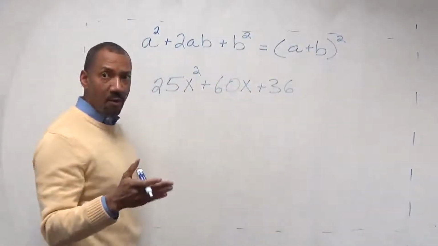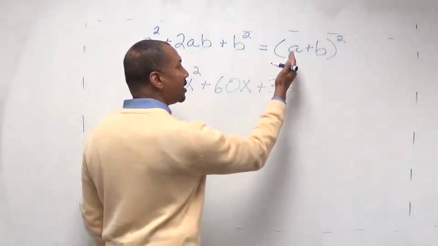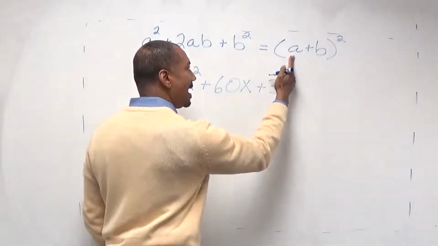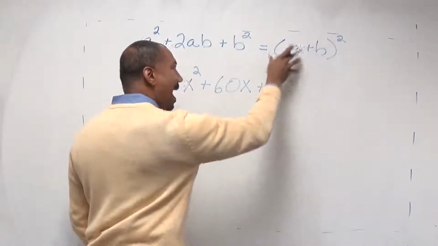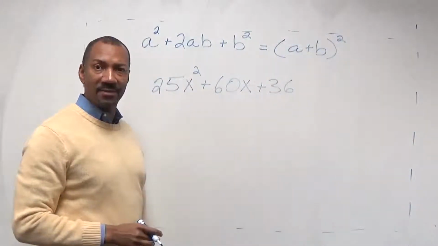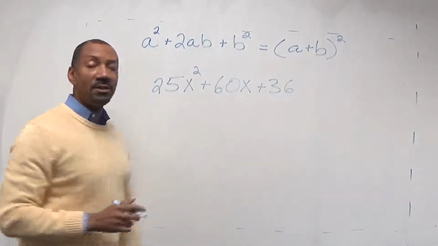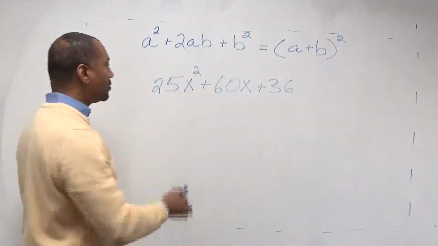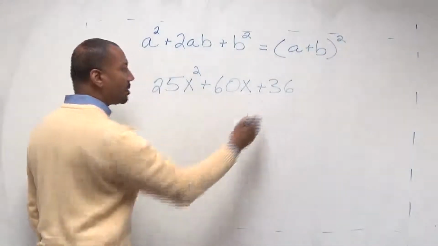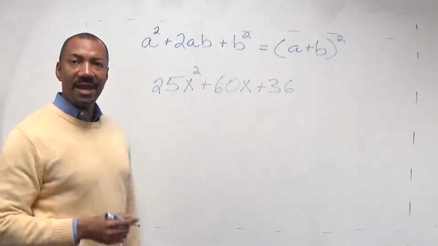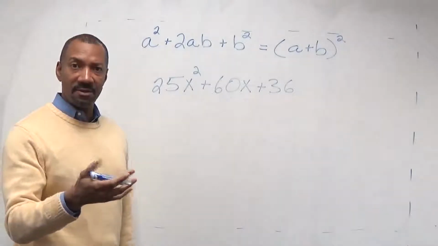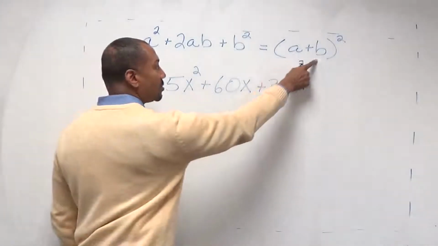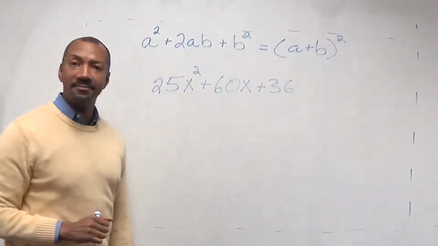You must know what to plug in to your a and your b in order to have your factored answer. And so I'm going to show you how to take a problem such as this and determine what your a and your b is so that you can go directly to your answer like that.